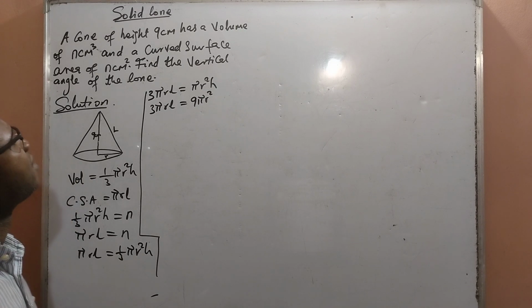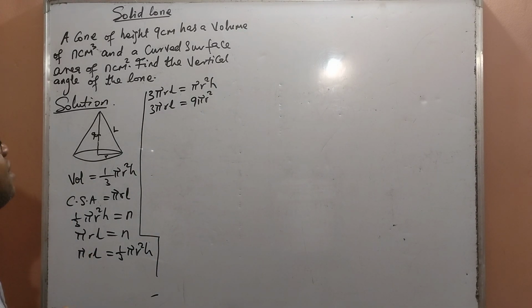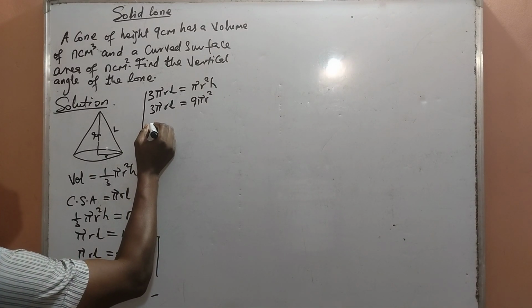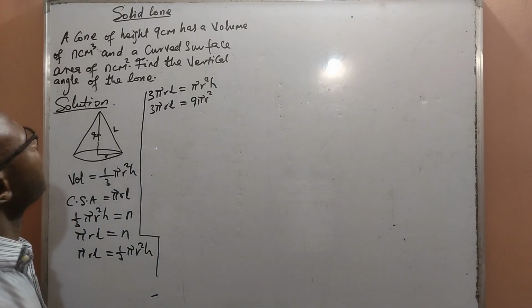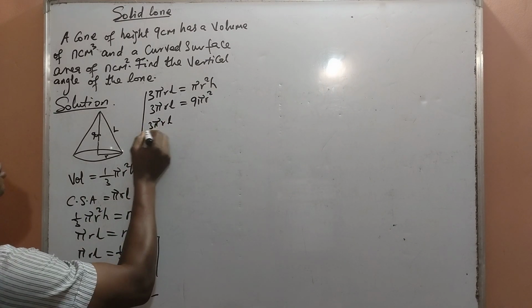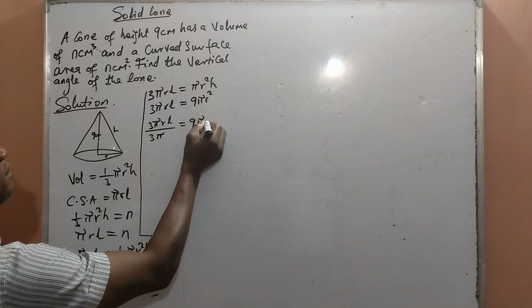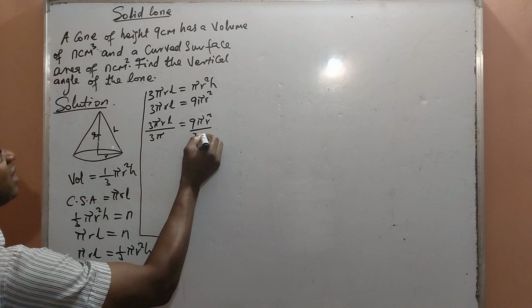Alright. Moving forward, we divide both sides by 3 pi. So I have 3 pi r l all over 3 pi is equal to 9 pi r squared all over 3 pi.